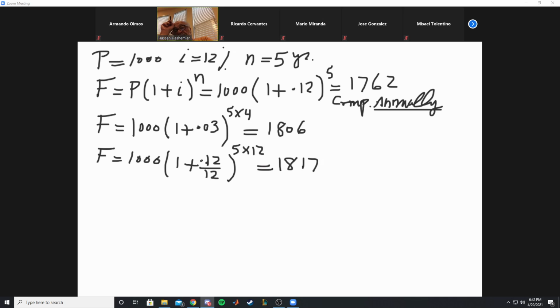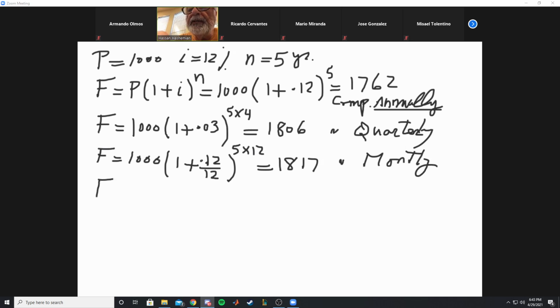Or somebody might say, well, I want to do them per day. That means every day I get interest at the end of the day, and I want my interest to be calculated per day. So you're talking about compounded daily. This is compounded quarterly, this is compounded monthly, and now we want to compound it daily.